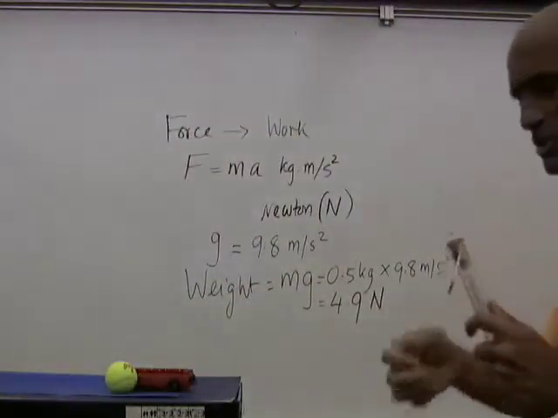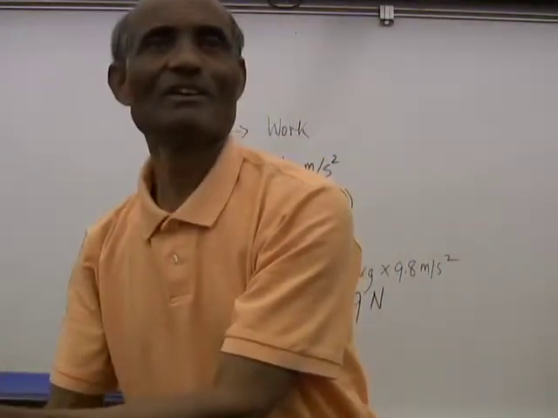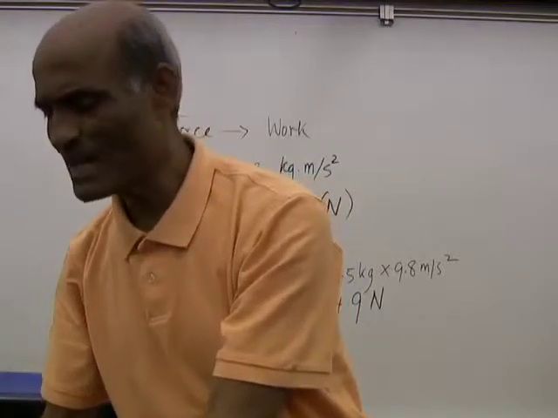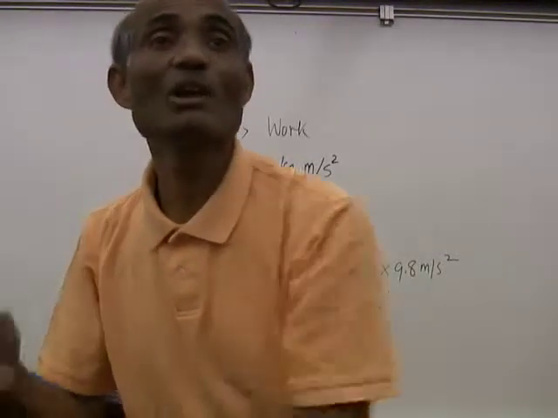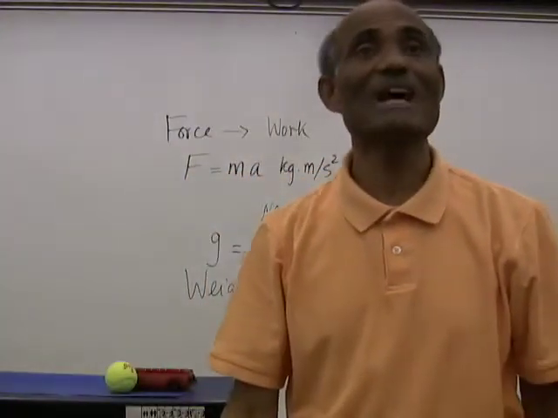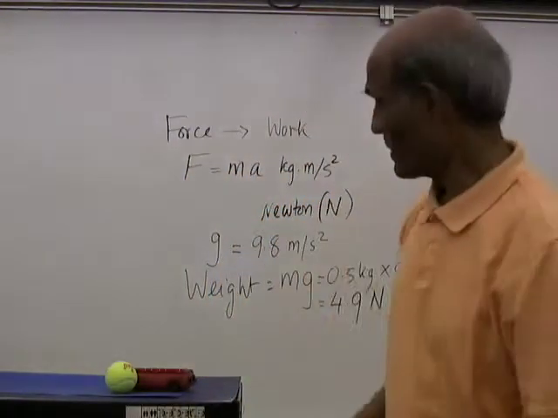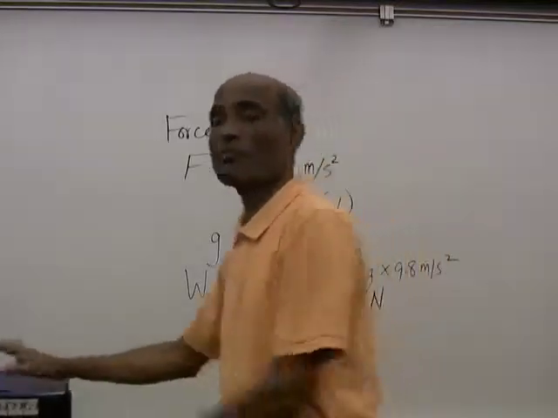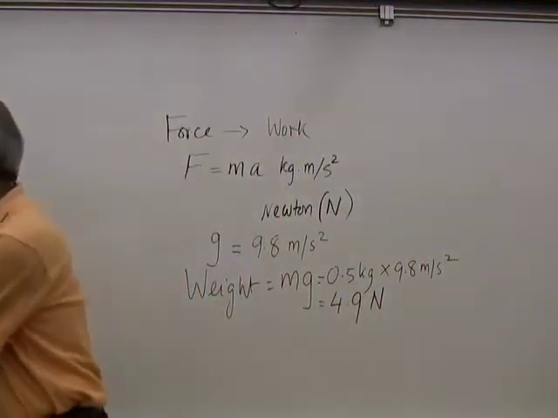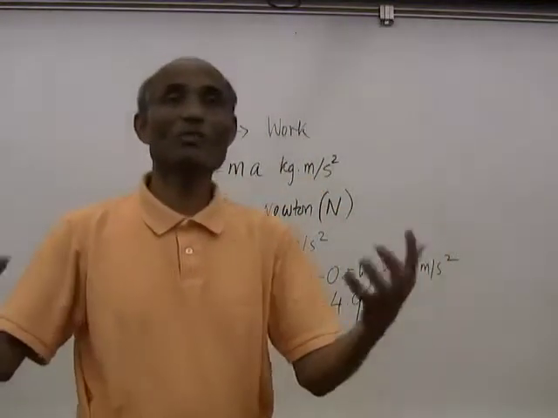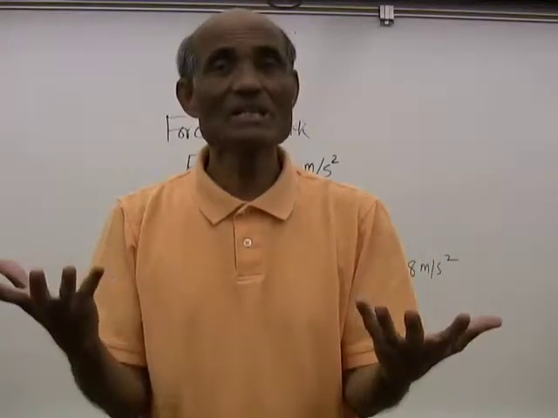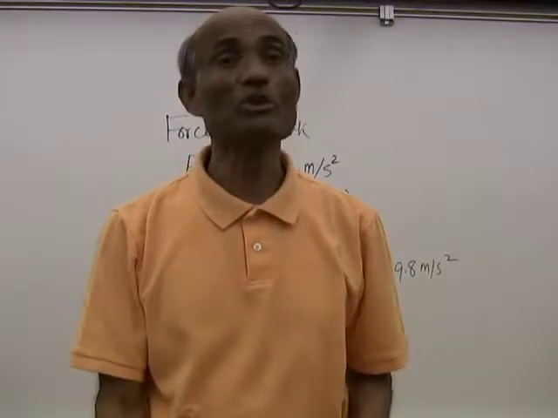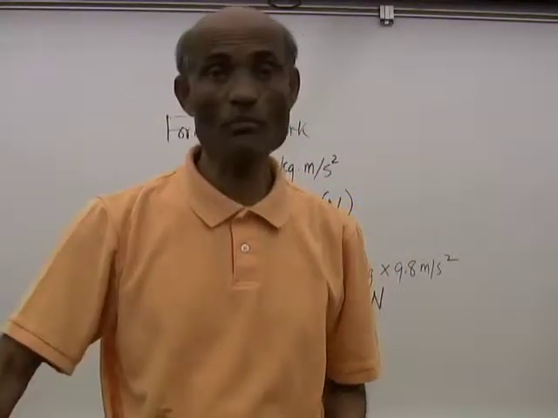Now, for all practical purposes, we're going to use that 9.8 as 10 because it is much easier to deal with the number 10 than 9.8. And so, if I ask you what is the weight of a 10 kilogram object, we would say 10 times 10, 100 Newton. And one more thing.